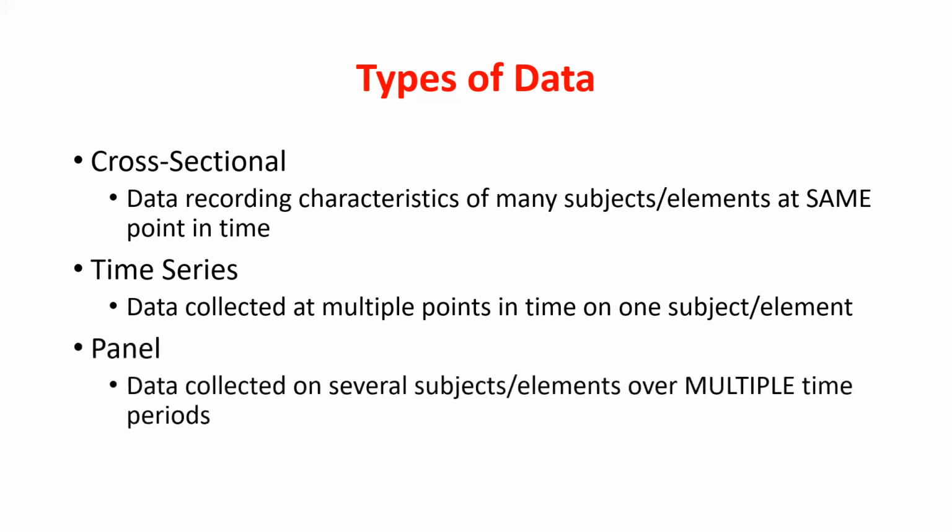And then a panel data set would be if I throw those two together. I could have multiple subjects at multiple points in time. So I might have 20 different countries, and I might collect data on their GDP for 20 different years. I'll show you some other examples and some pictures of what these data sets look like, but those are the three different types of data sets we'll be dealing with.